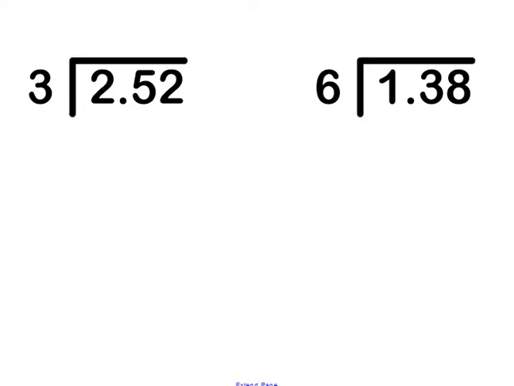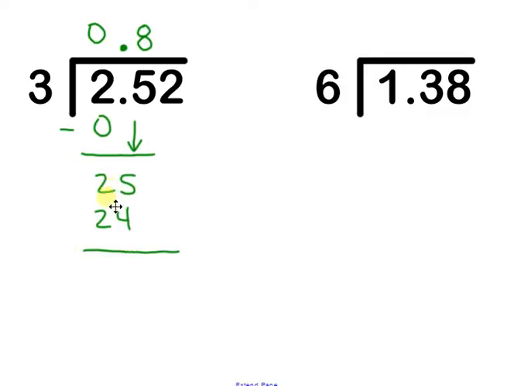All right, let's keep practicing. Bring the decimal point straight up to the roof. 3 goes into 2 0 times. 0 times 3 is 0. Let's subtract. 2 minus 0 is 2. Bring down the 5. 3 goes into 25 8 times. 8 times 3 is 24. 25 minus 24 is 1.